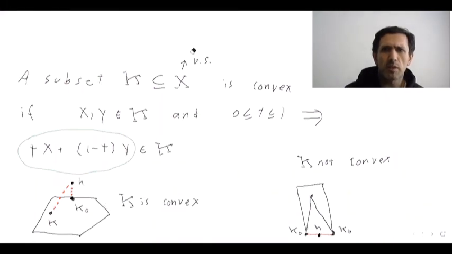So for example, let's say big K is the inside here, but just the interior without this perimeter here. So yeah, you get the point here.